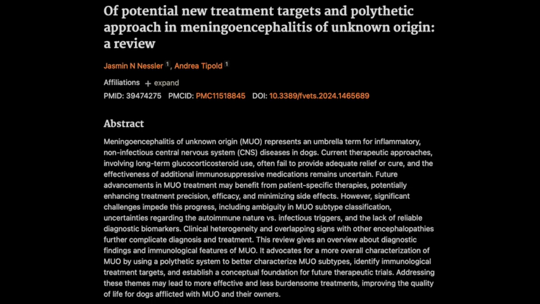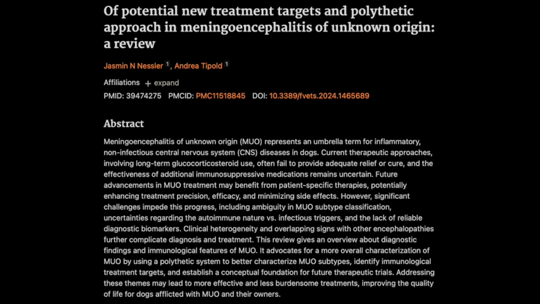What about prognosis? Are there certain indicators that might give us a clue as to how a pet might do once they're diagnosed with MUO? Certain clinical signs like reduced mentation and seizures have been linked to increased mortality risk. Interestingly, higher body weight and even advanced age are associated with a worse prognosis.